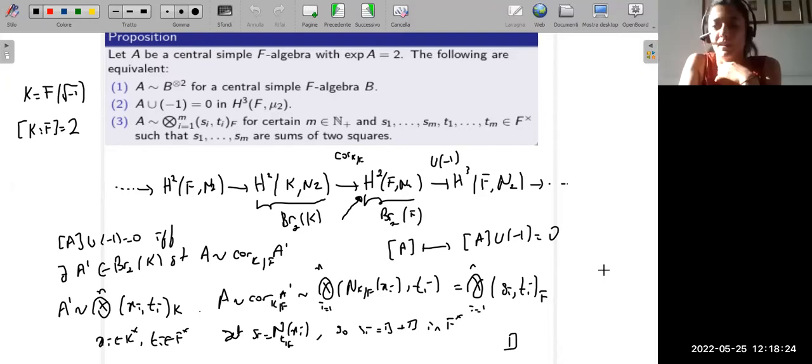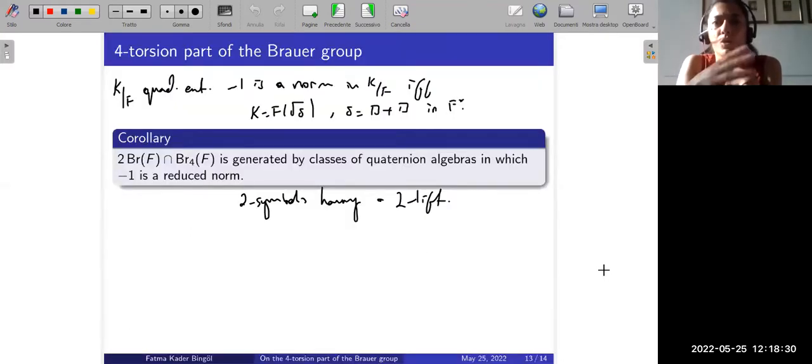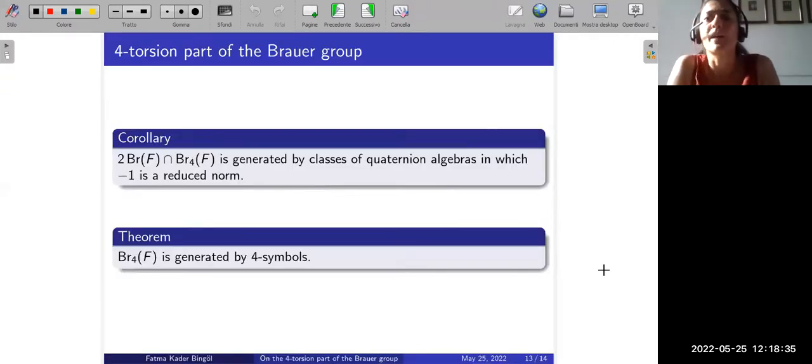Okay, let me conclude, and then we can come back as well if you want. So this shows you that the fourth torsion part is generated by 4 symbols.